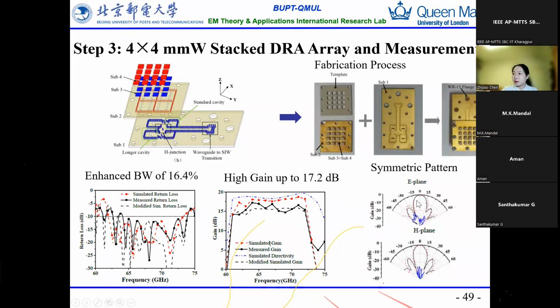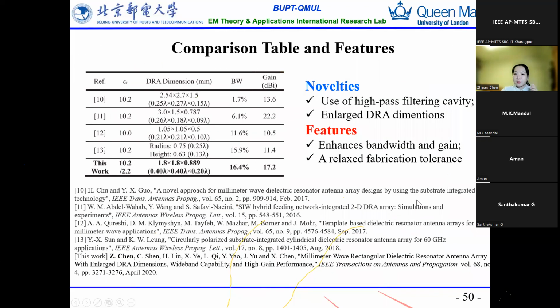We compared with the others and found that our DRA dimension is much larger than the others, and we also achieve high gain and wide bandwidth at the same time.